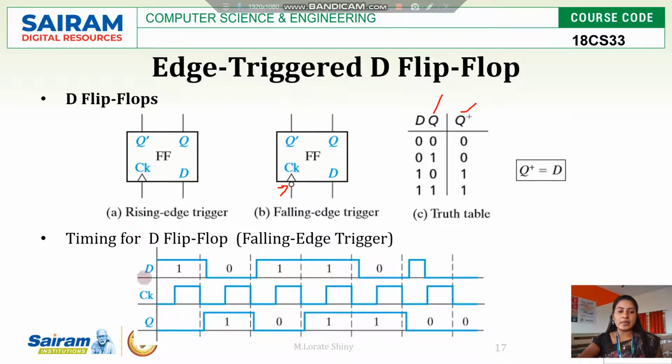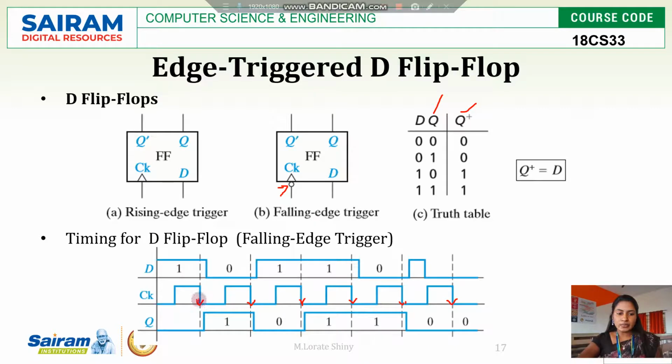Okay, now the timing diagram, D is given and the clock is also given. This is the timing diagram for falling edge. Falling edge will work only at the negative cycle or falling cycle. So you have to mark this first. These are the falling edges. The D flip flop will work only at these points.